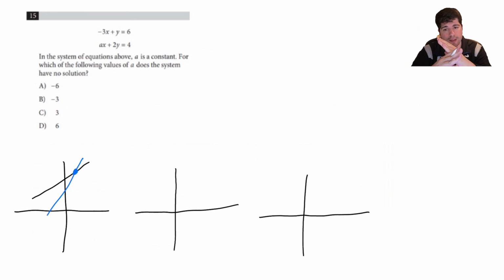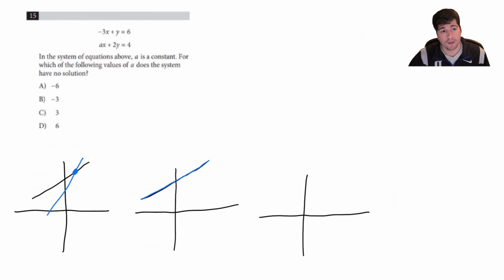Once they intersect at a particular point, they just veer off in their respective different directions forever. So they only intersect at one particular point. Now for this second case, you can have your first line like so, and then have it be so that your second line is actually in fact equal to the first line. So the two lines are the same, and then therefore they have infinitely many solutions.